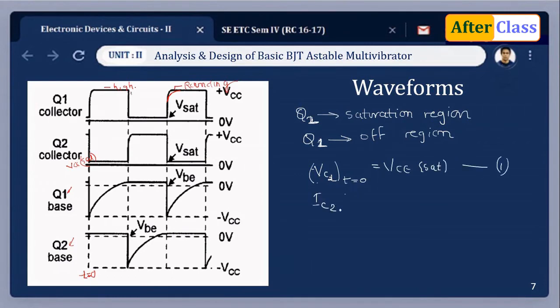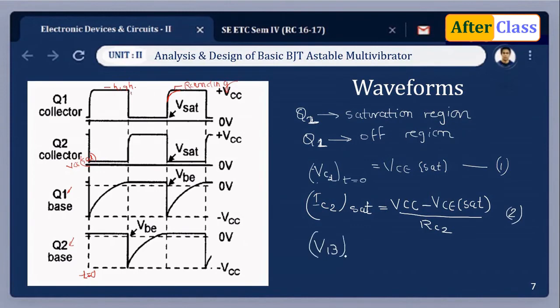IC2 sat will be equal to VCC minus VCE sat divided by RC2. VB on will be equal to VBE sat.